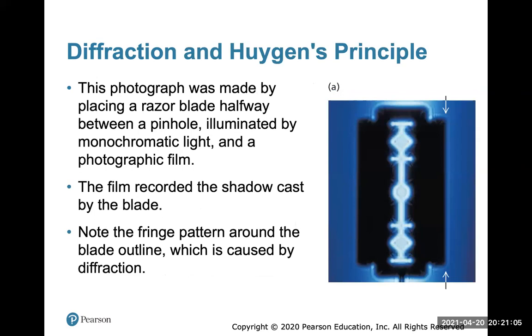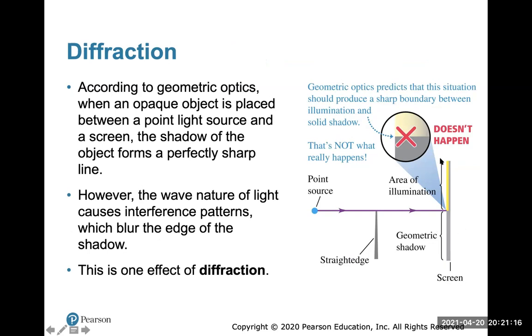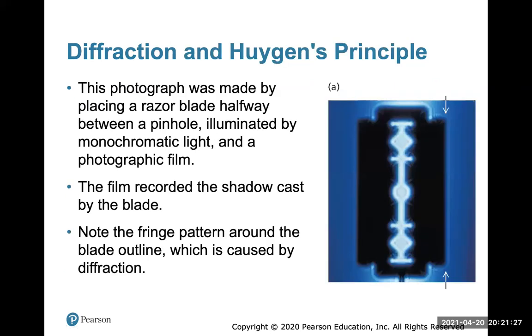As an actual example, here is a picture on film. So here we have the film, the razor blade, and the illumination. And we're taking a photo on the film of what is produced by light behind the razor blade, sort of centered on the razor blade.